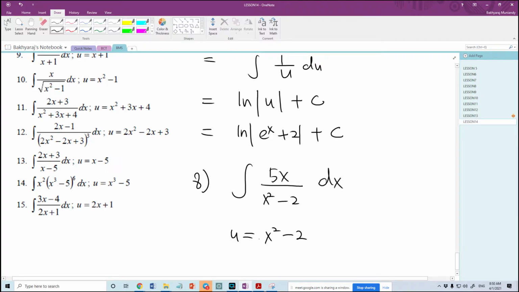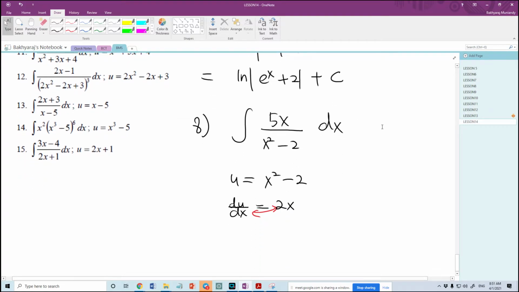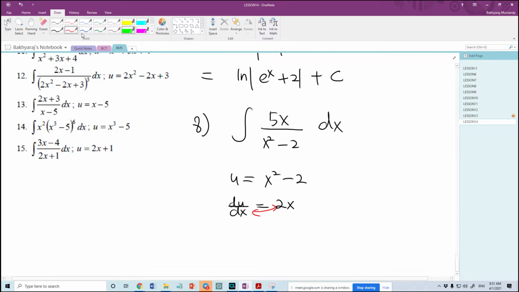Answer is u differentiate, you get du dx will be equal to 2x. Just manipulate this. Ini pergi sini, ini pergi sini, and you get dx will be equal 1 over 2x du.